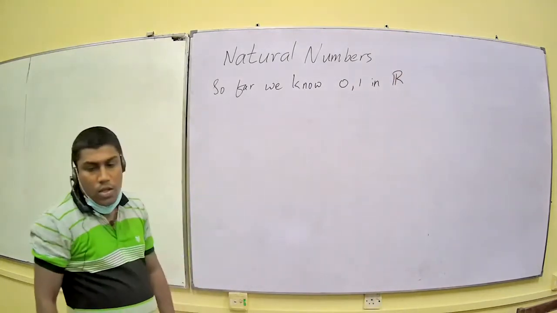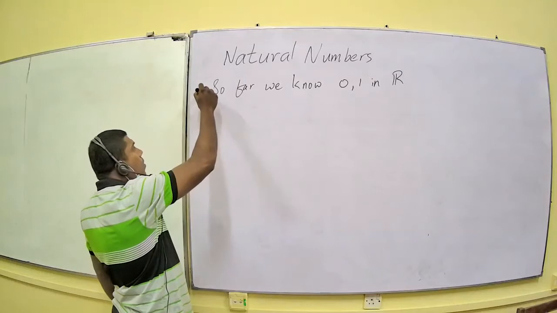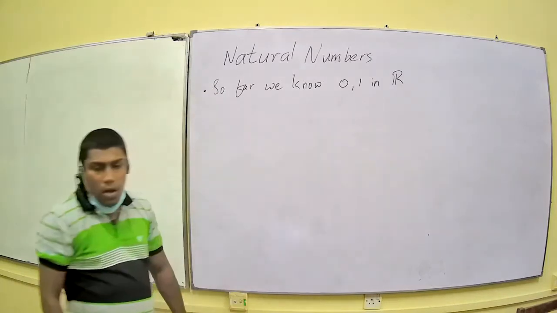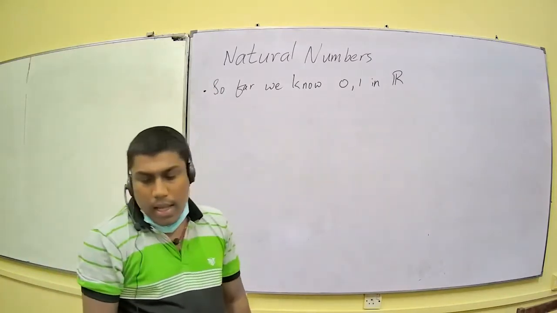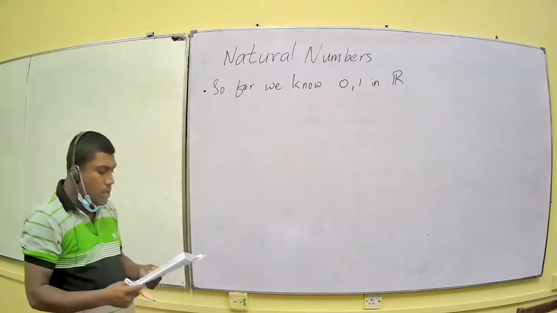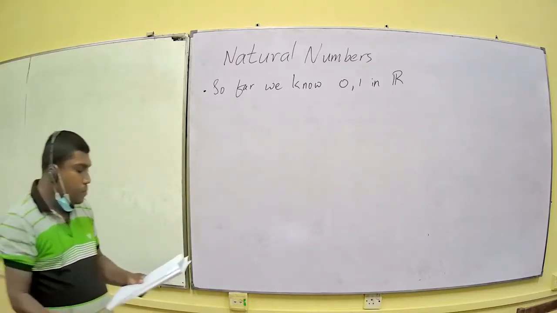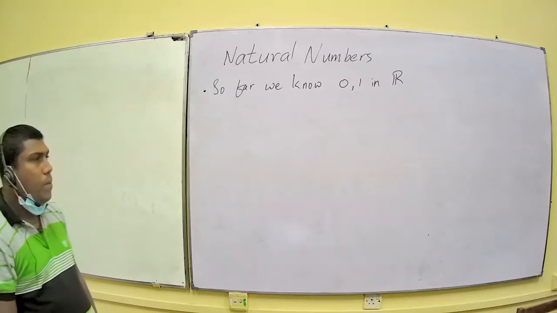Right, so this is the first thing. So far we know that there is a 0 and there is a 1 in the real number system, right? So that is basically what you already know.